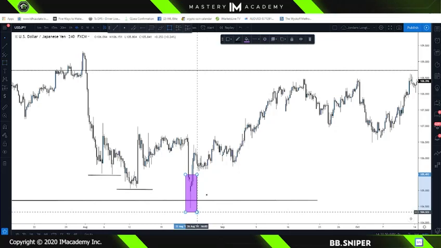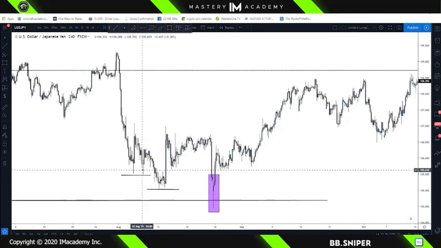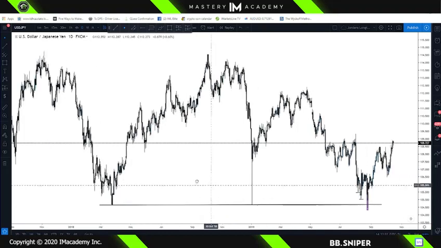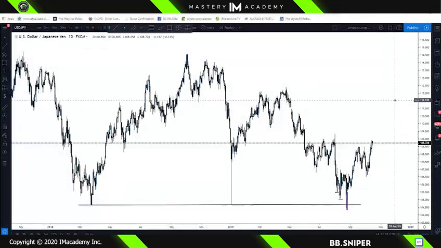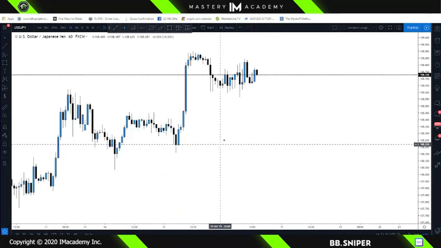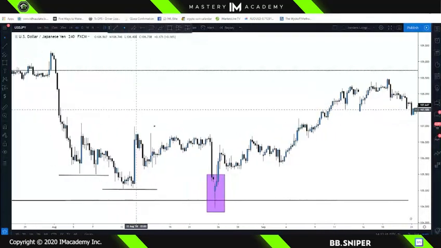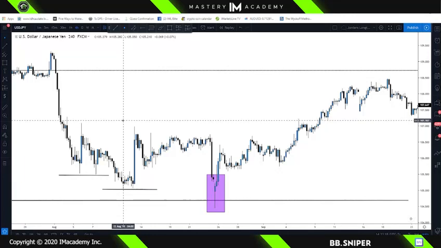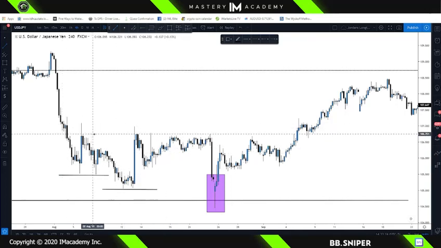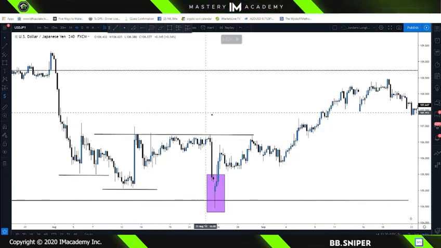Price explodes through not one equal low, not two equal lows, but the most obvious of obvious equal lows before reversing the other way. Okay? Think about what's happening. We're creating opinions. Not only are we creating opinions for buyers, also for sellers.